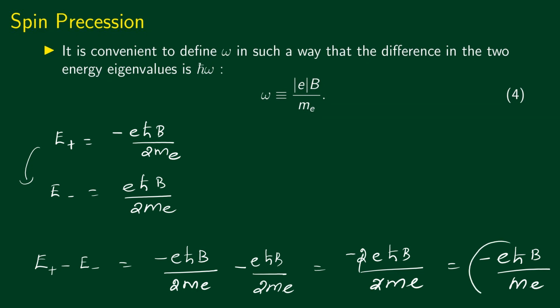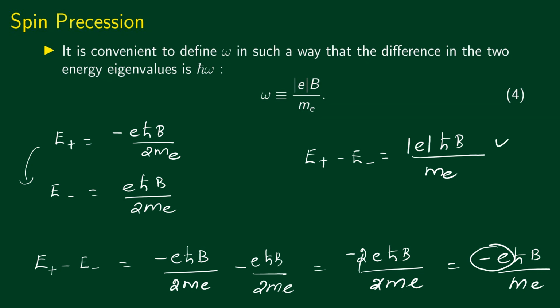So this is the difference in the energy eigenvalues. Now, since for the electron E is negative, minus E here is positive. So E plus minus E minus is equal to modulus of E h bar B divided by ME, because minus 1 multiplied by E is positive for the electron. So we can write it also like this.